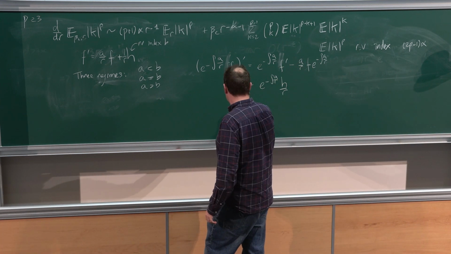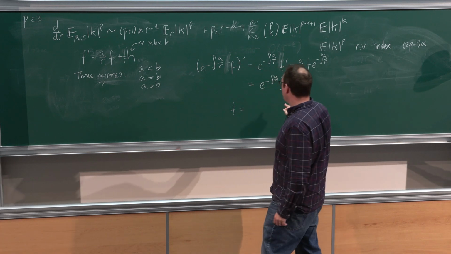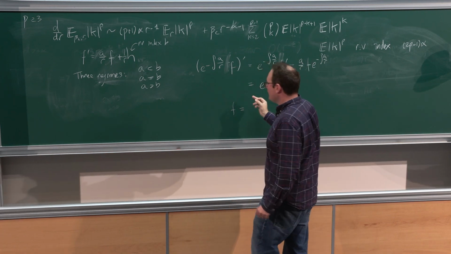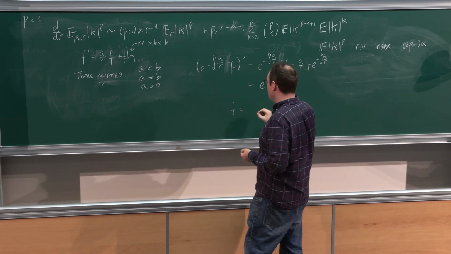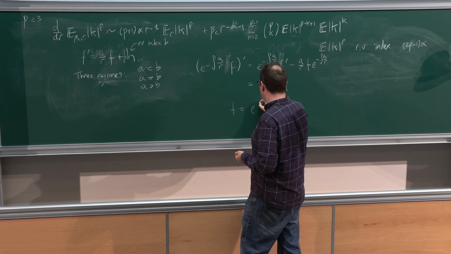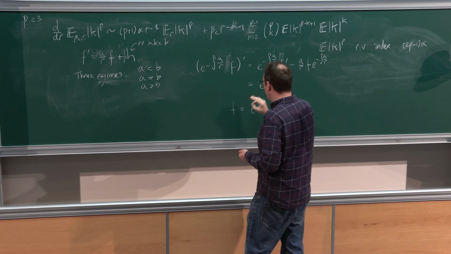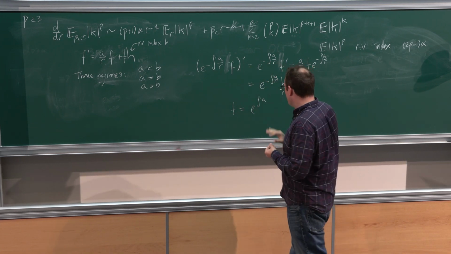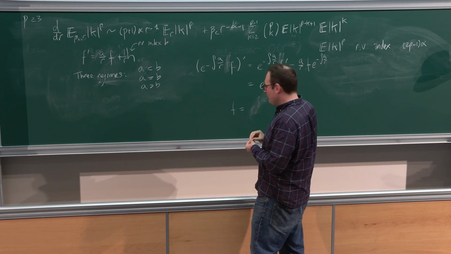Okay, so then you just say, okay, f, you integrate this, you move this to the other side, you have the initial condition, so you should get, and really, of course, these integrals are just r to the a, right? So let me just write that here.